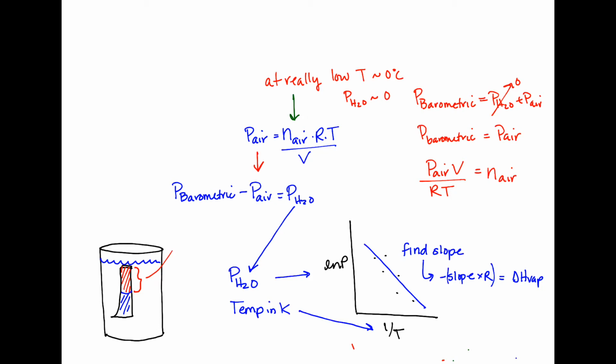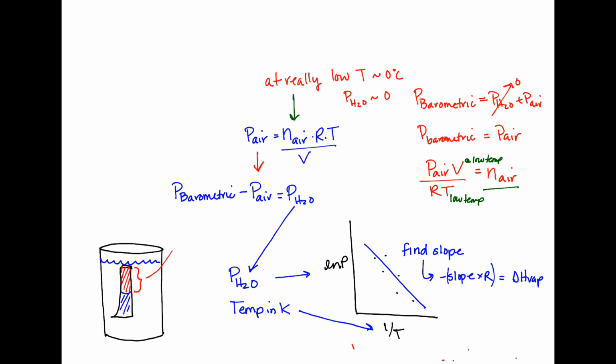So here, we can use the ideal gas law as long as we're taking the temperature that's close to 0 degrees C and the volume when the temperature is close to 0 degrees C. So those would be your lowest data points. So as long as you do it at that low temperature, you can calculate the moles of air.